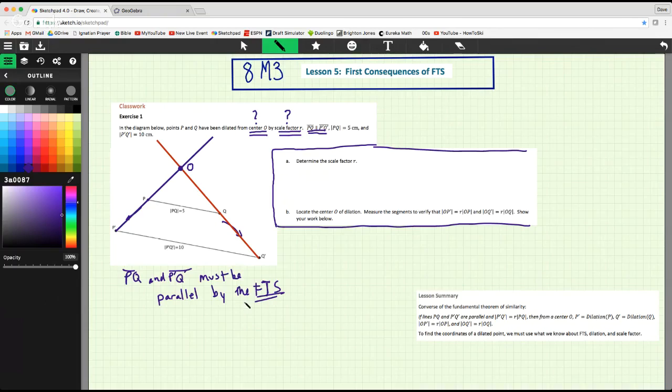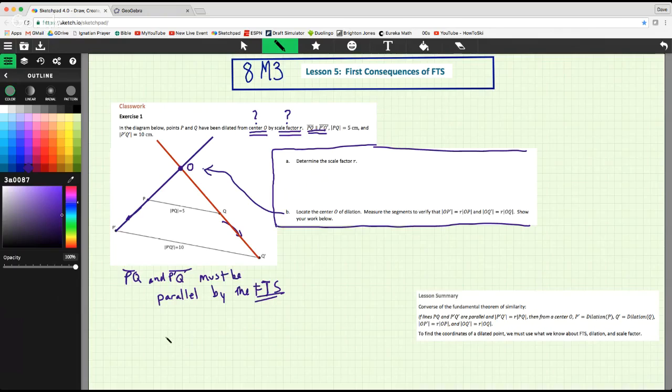All right. Now the second thing. So that's point B. Now, the scale factor R can be determined by looking at the size of our dilated object and the size of our original object.